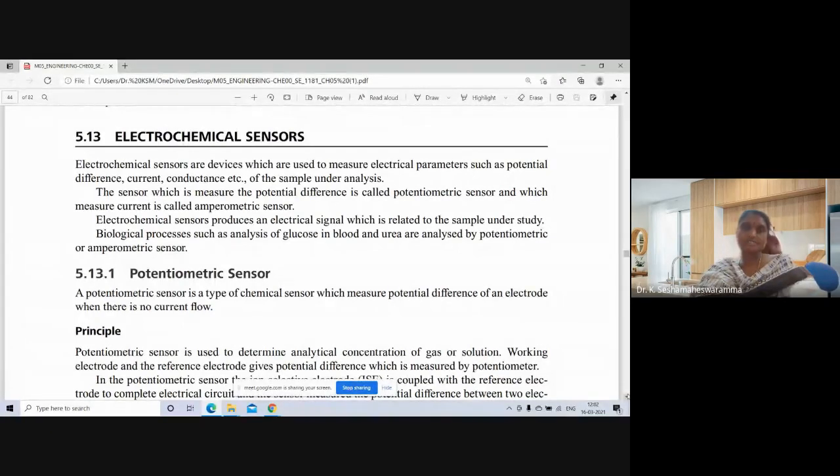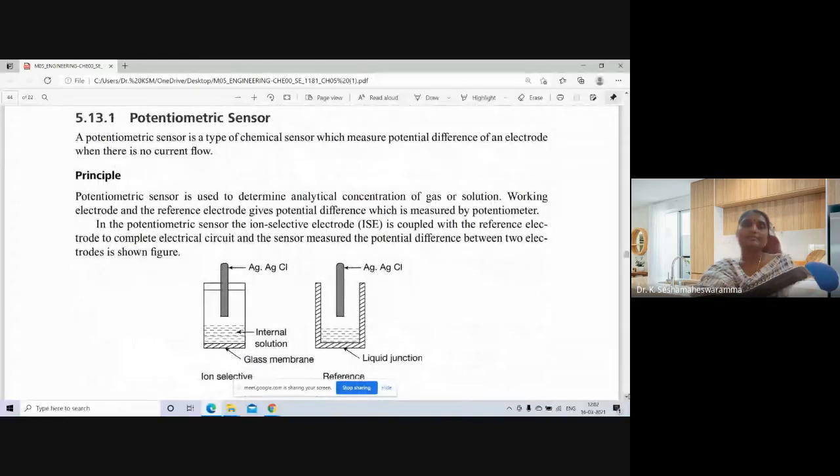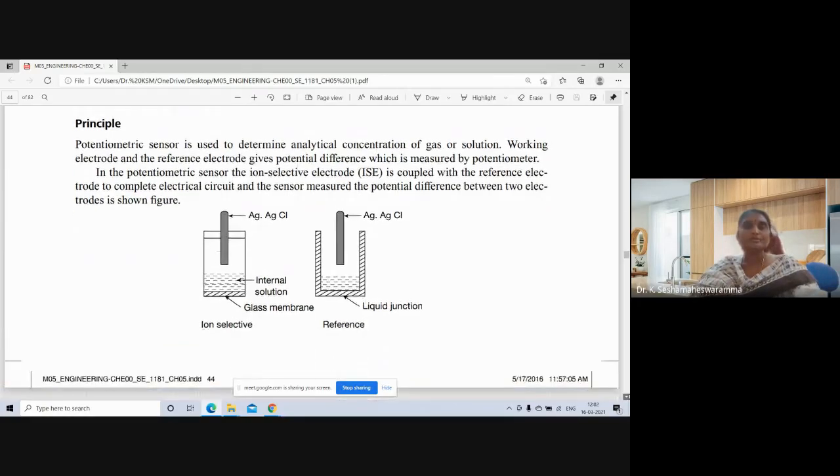Now we will discuss the potentiometric sensor. A potentiometric sensor is a type of chemical sensor which measures the potential difference of an electrode when there is no current flow. It is used to determine the concentration of a gas or solution.